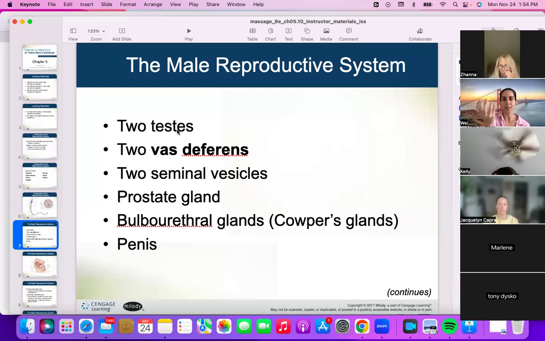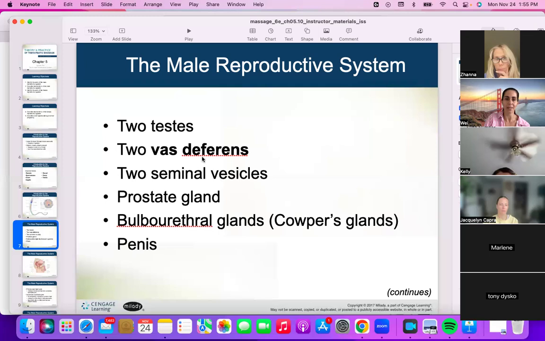So you got the testes, and they're housed by the sac called scrotum. They're egg-shaped glands, and inside those glands, there's tubes called seminiferous tubes. They're convoluted, meaning they're all over the place, and you'll see in a picture how that is. They're convoluted coming all together, and they're called seminiferous tubes, okay?